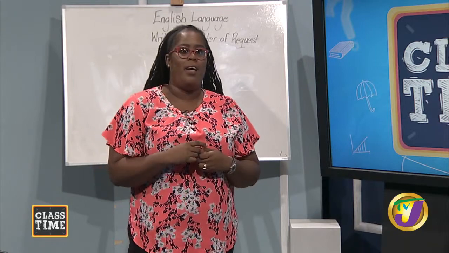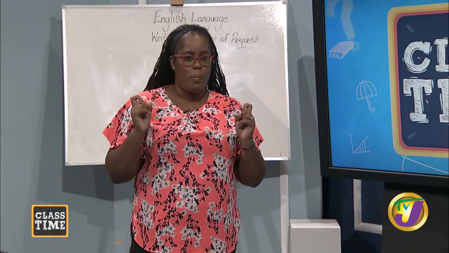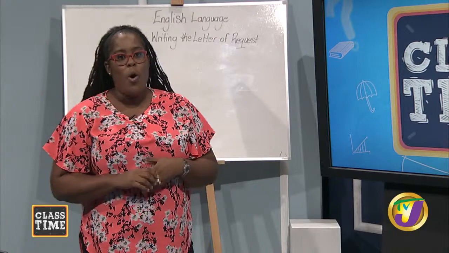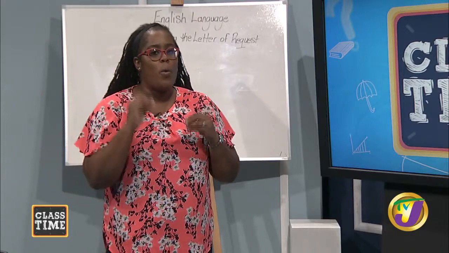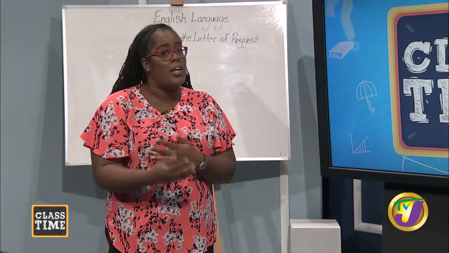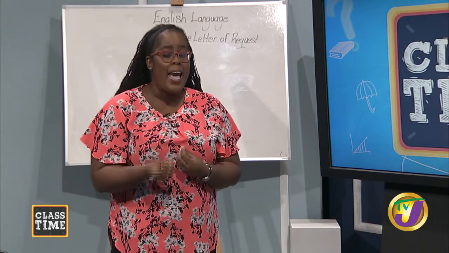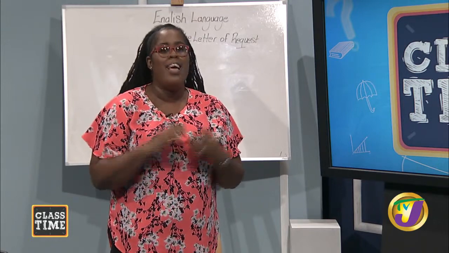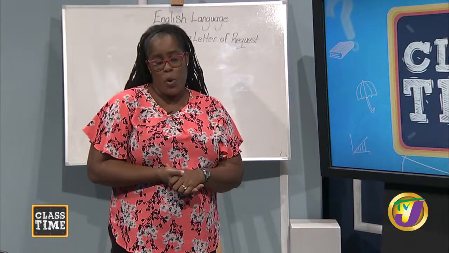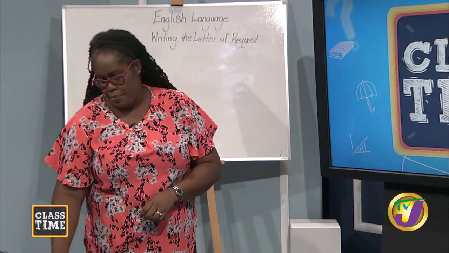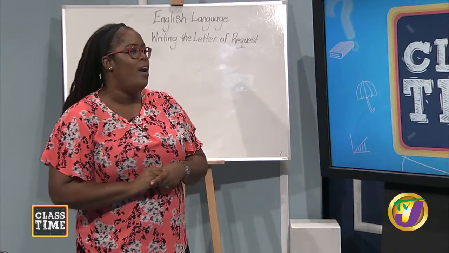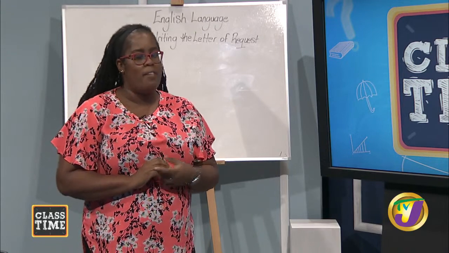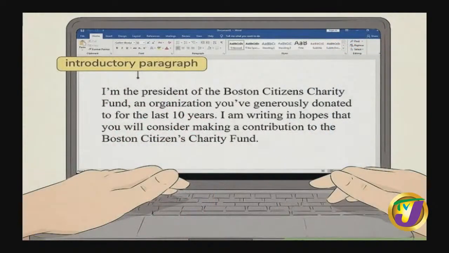So we are kind of buttering up the person, all right? So remember that our request may not be granted, but based on how you write the letter of request, your request may be granted. All right, and here we have an example of the introductory paragraph.